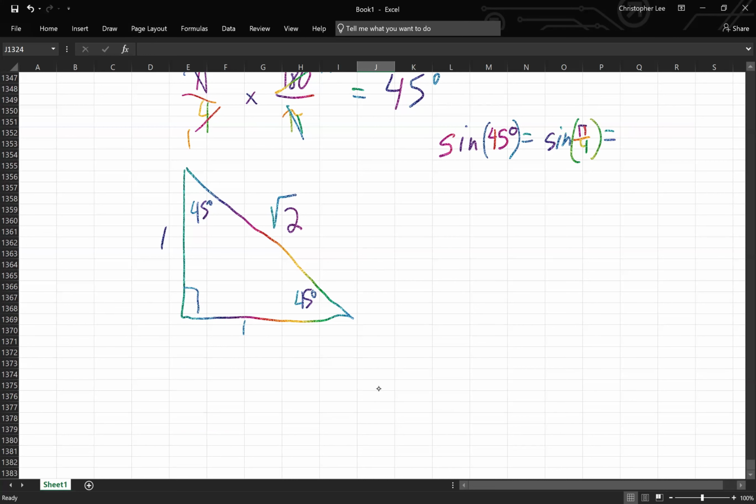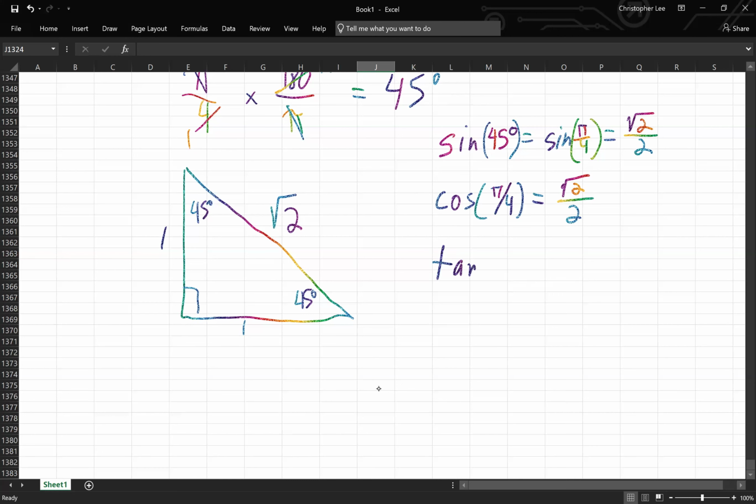Sine is opposite over hypotenuse. So this is just radical 2 over 2. Cosine of pi over 4, just to save paper, is going to be the same thing. Radical 2 over 2.